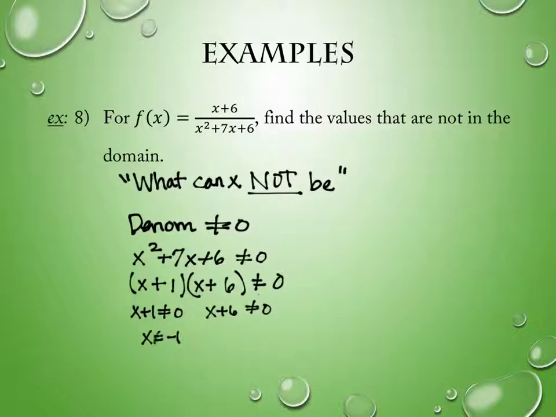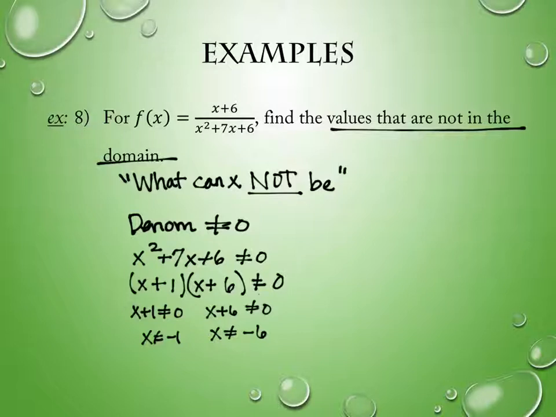Yeah, it cannot equal negative 1, and x cannot equal negative 6. And those are in fact the values that are not in the domain, negative 1 and negative 6. Because it would give me a 0 on the denominator. Now, it's worth noting that the numerator has nothing to do with this problem, right? So no matter what was on top, the answer would remain the same for this question.